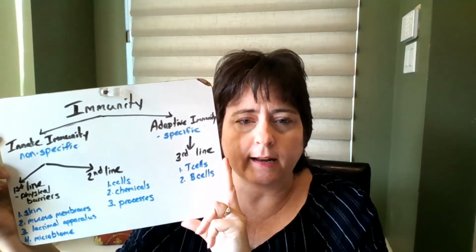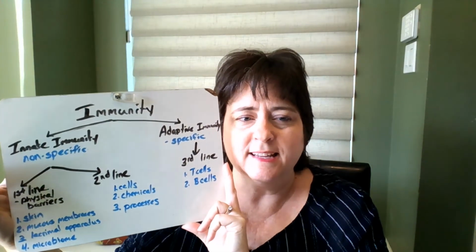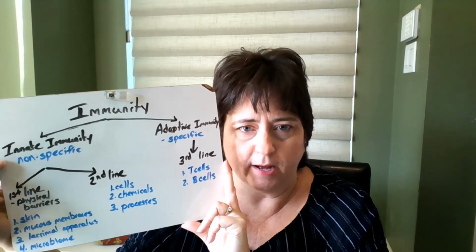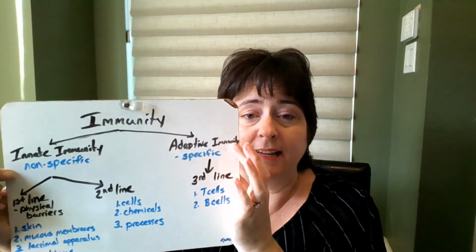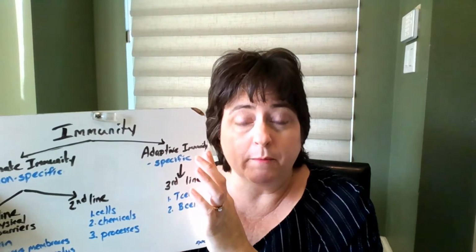Something I like better when we're describing innate versus adaptive is that innate is a non-specific defensive response, and adaptive immunity is a specific defensive response. So what do I mean by that?